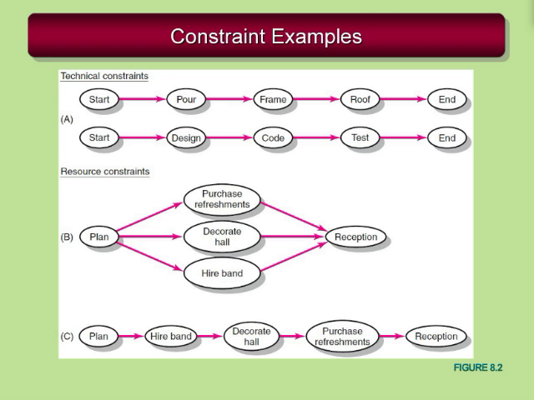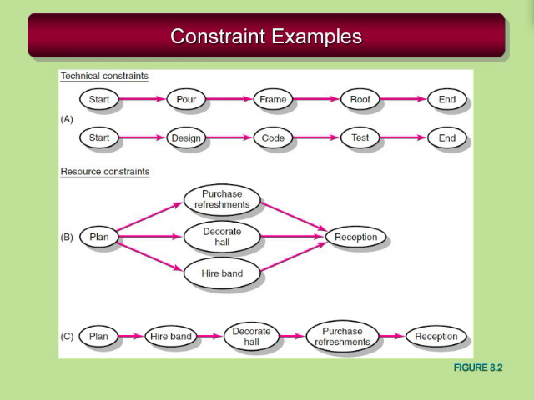When we get into resource constraints, we can see when we have enough resources, we might, in fact, in the case of planning this party or reception, get enough people around to help us decorate the hall, hire the band, and purchase refreshments. Those can be done in various sequences. They can be done in parallel to some extent if you have enough resources.